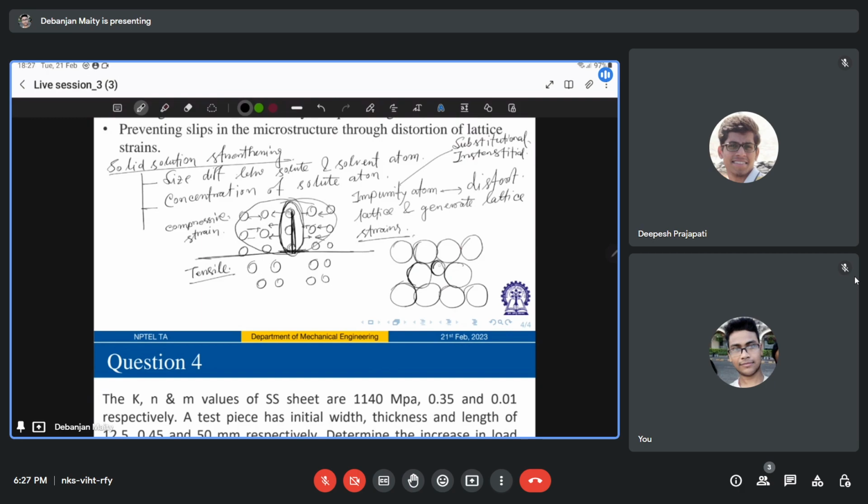So whenever you have these smaller atoms over here, all these regions will feel compressive lattice strain.